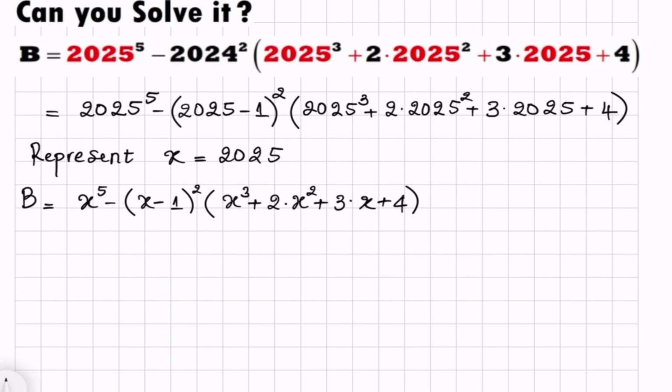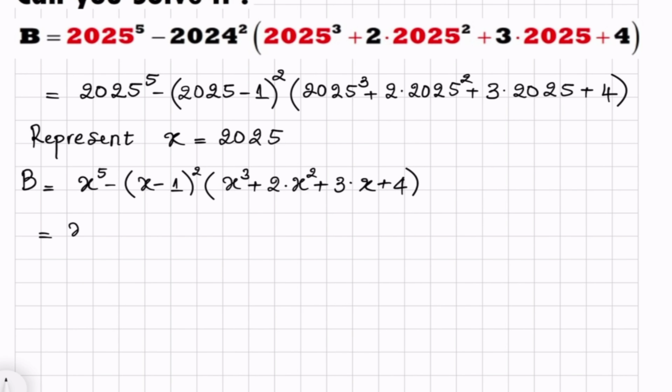Okay, and then we can expand (x minus 1) squared, so we will get x squared minus 2x plus 1, times x cubed plus 2x squared plus 3x plus 4.